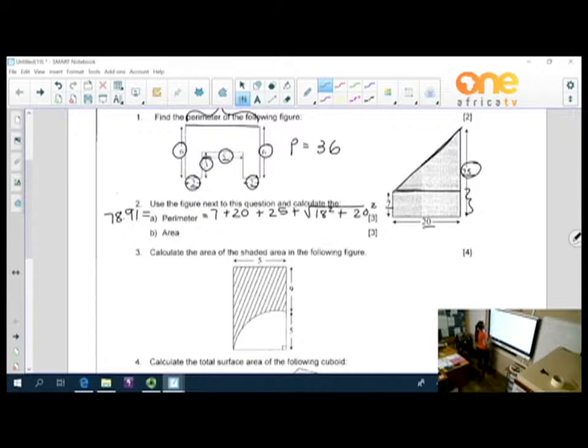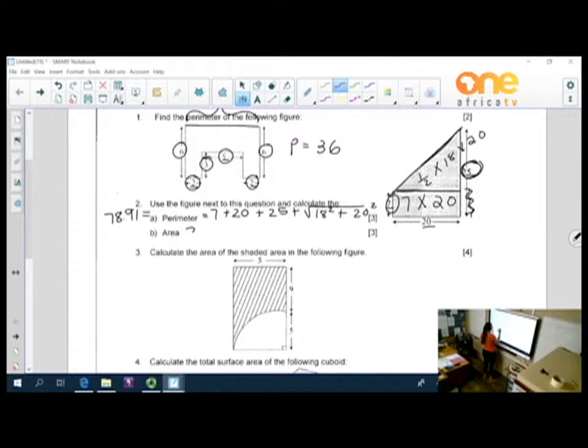That is your perimeter. Calculating your area, we will take the area of the rectangle, which will be 7 times 20, and the area of our triangle will be a half times 18 times 20. 18 again is 25 minus 7, which is that part.